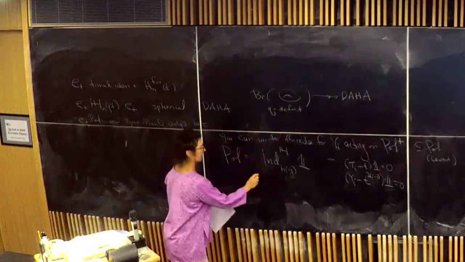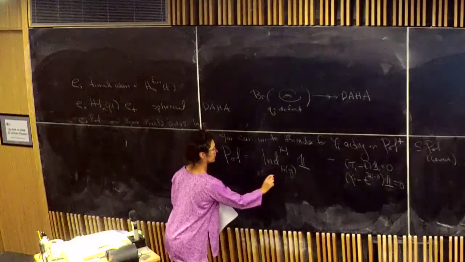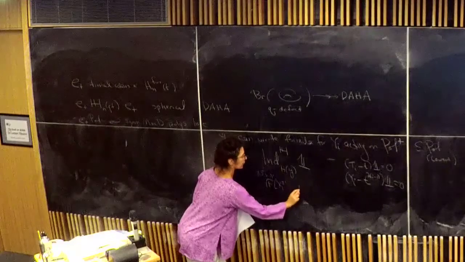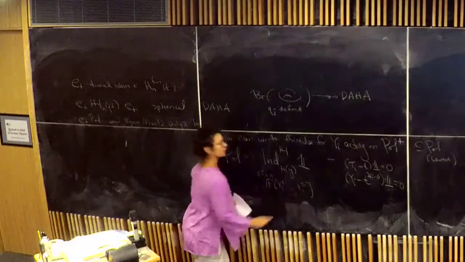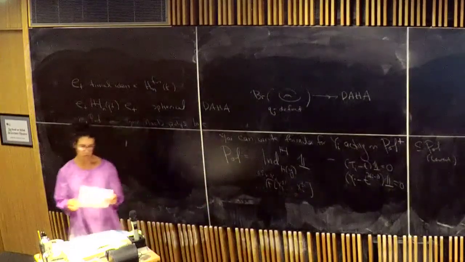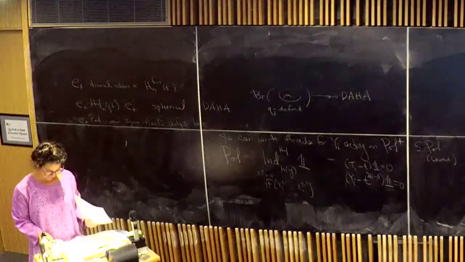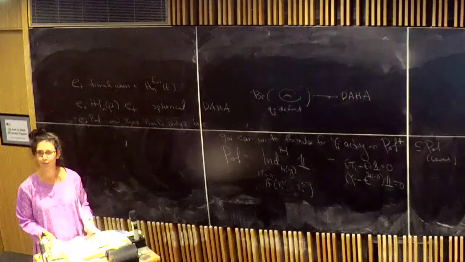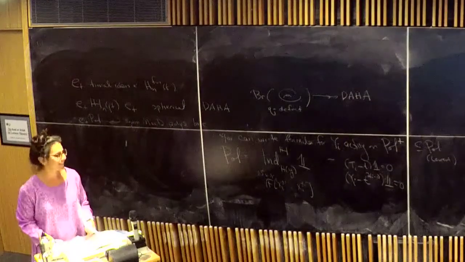And again, as a vector space, it's polynomials in x.